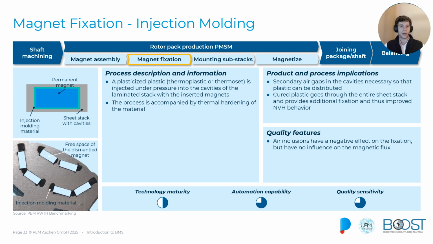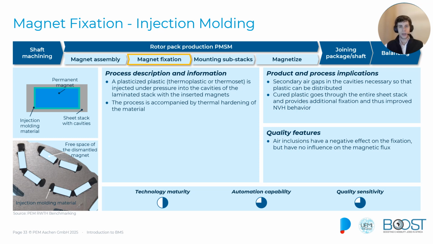As an alternative, the magnet fixation can be done by injection molding. This process starts with placing magnets in a mold designed to fit the rotor's shape.